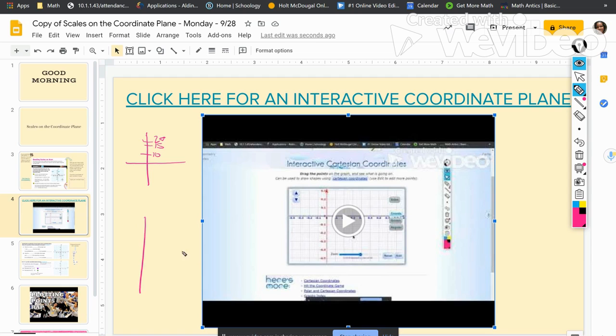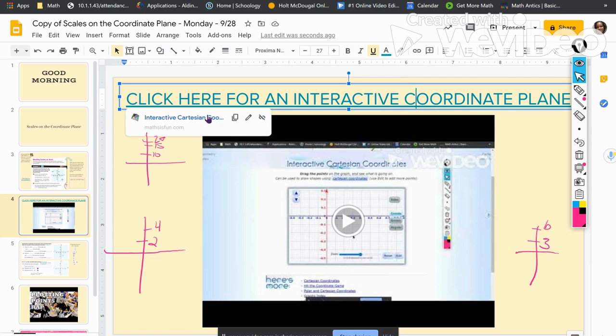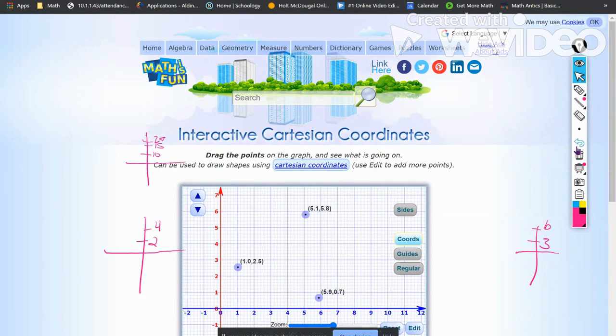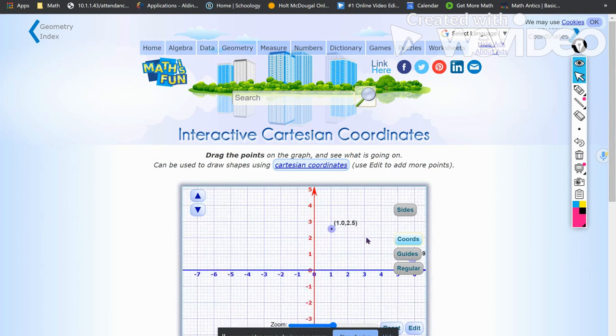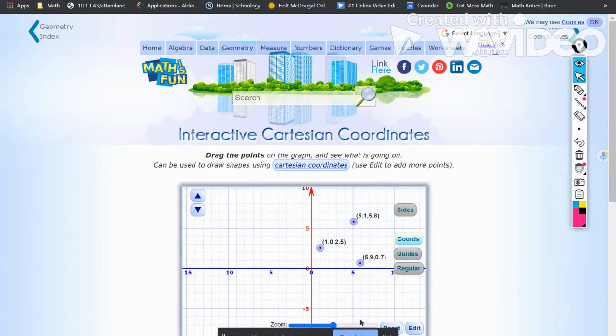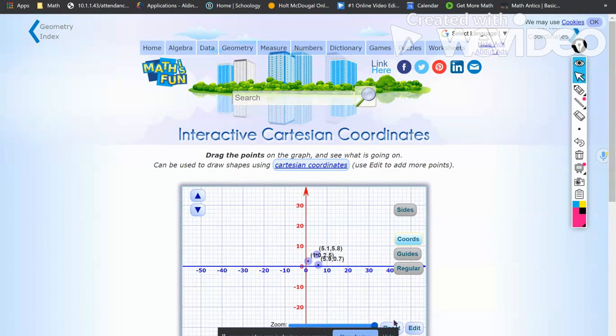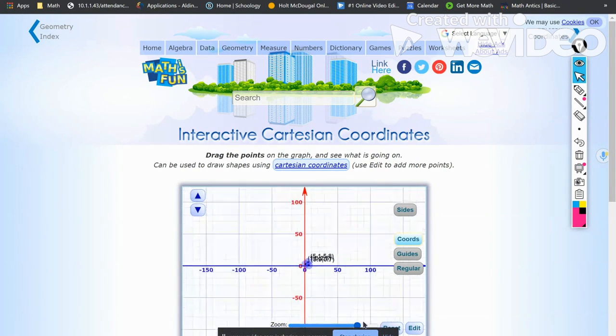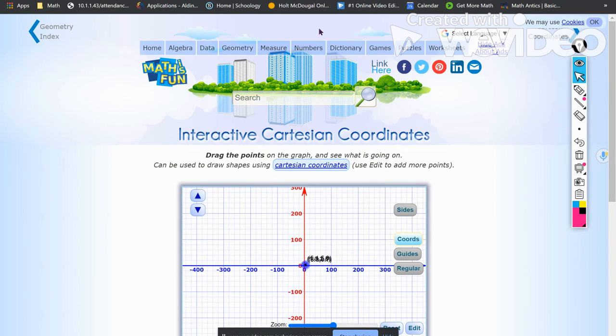But you could see a coordinate plane going by 2s. You could even see one going by 3s. And in the next problem, you'll see a different scale. If you click the link here, it also took you to a website where you could play around with the scale yourself. So you could drag the scale, you could make it teeny tiny, or you could make it huge. There's big numbers. Keep zooming out, okay?